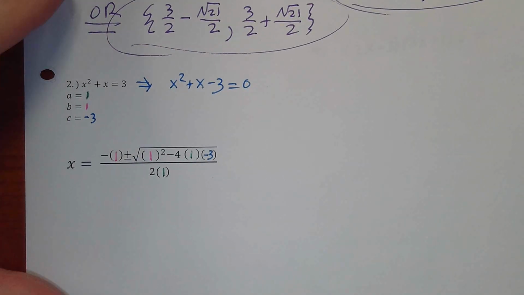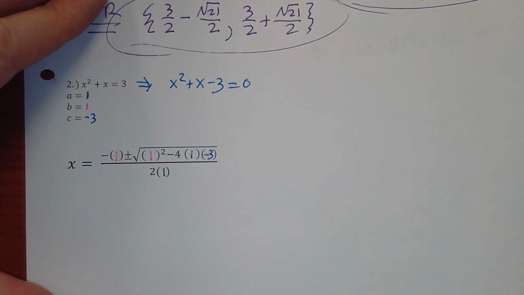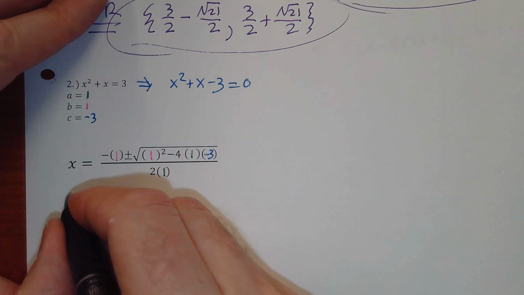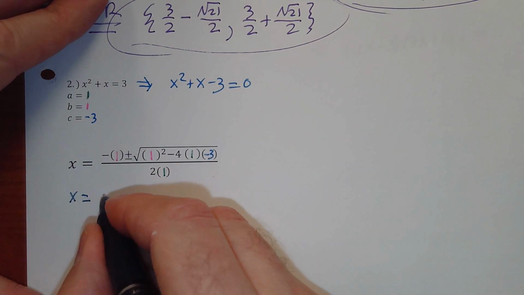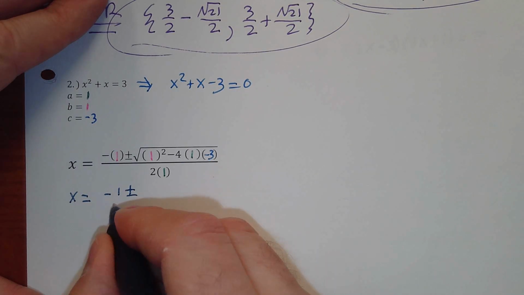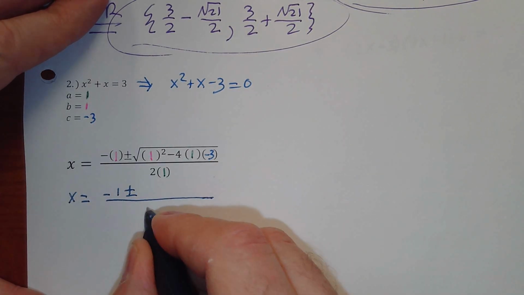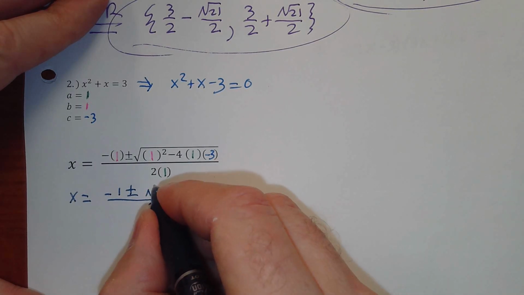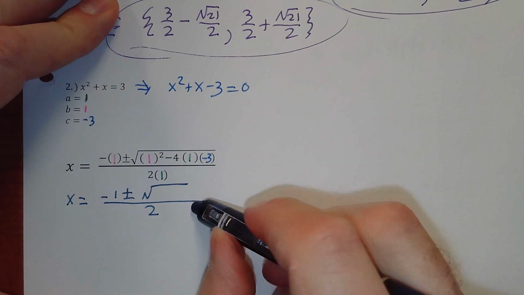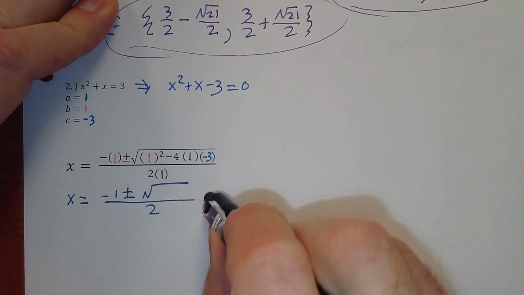All right, simplifying. I get negative 1 plus or minus, this whole thing's over 2. And again, I'm going to make the calculator do the work here.